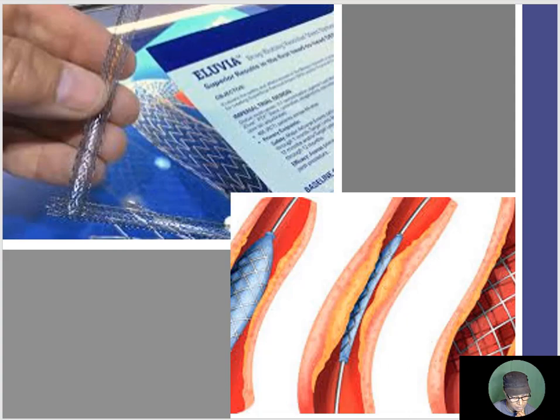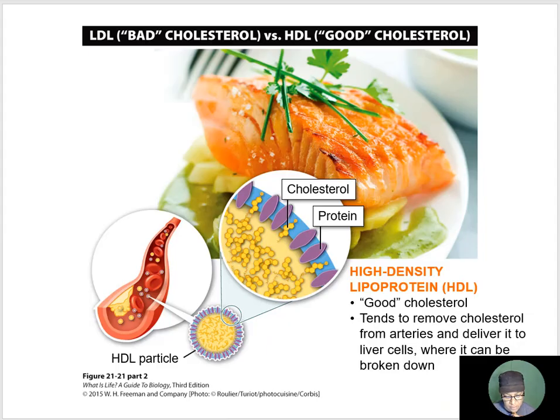But the goal is to not get there and to make sure that we are really watching our cholesterol, making sure that our LDL is low, our HDL is high, and that we're eating foods that have the good cholesterol, right?